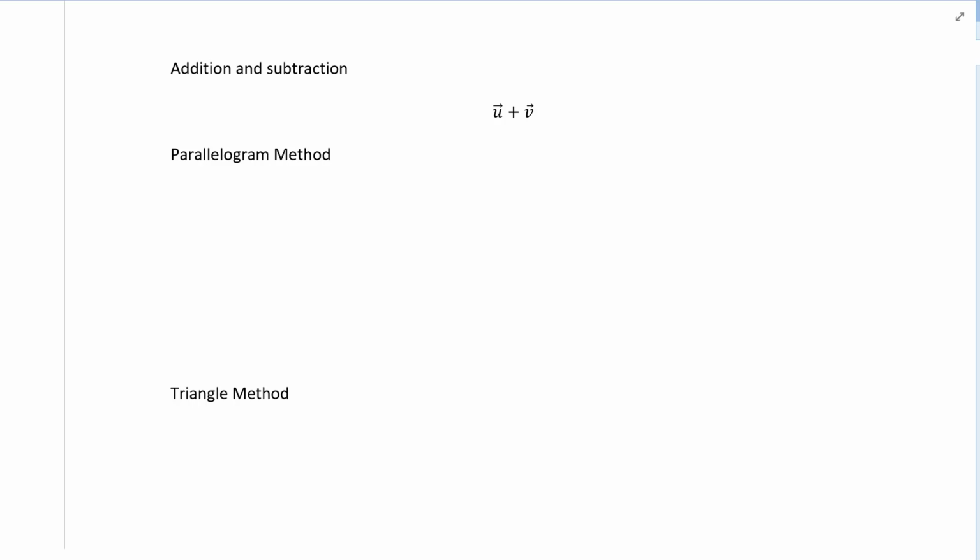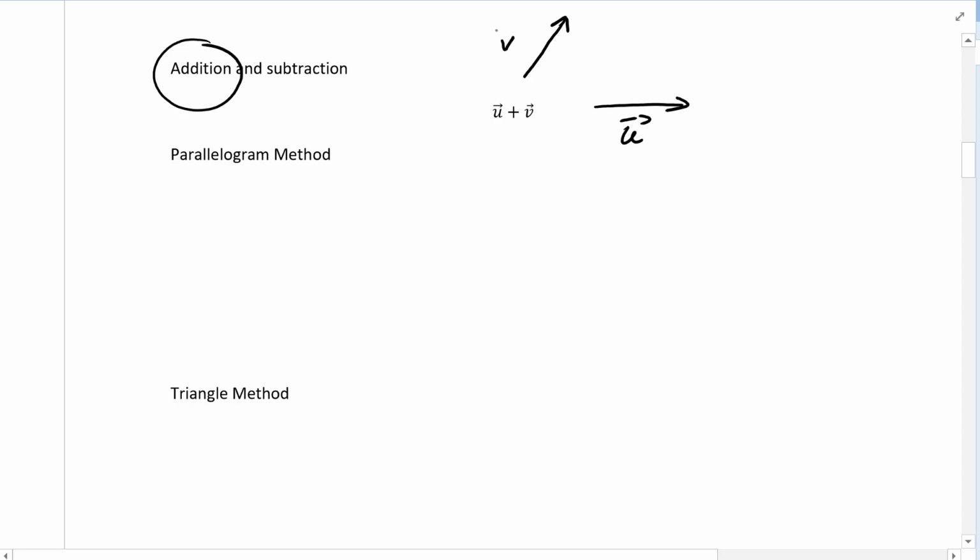Now, some operations with vectors: we can add two vectors and we can subtract two vectors. To add two vectors, we can use one of these methods, parallelogram method or triangle method. Let's say U is this vector, another notation for vectors, and V is this vector.